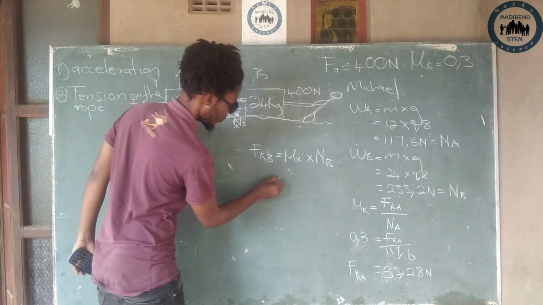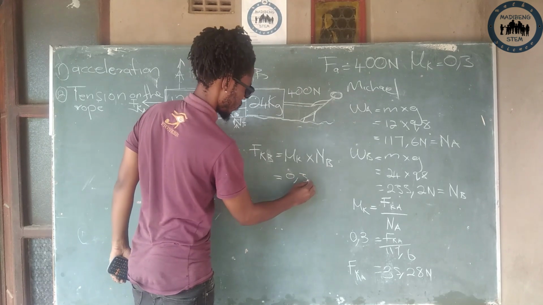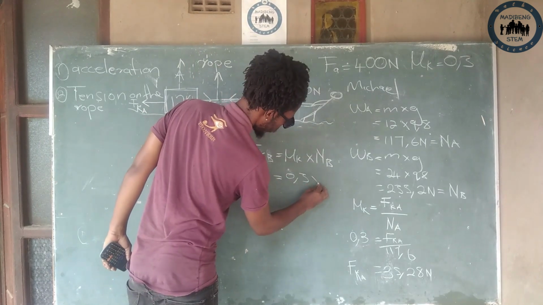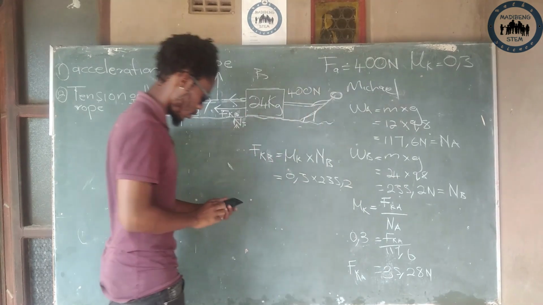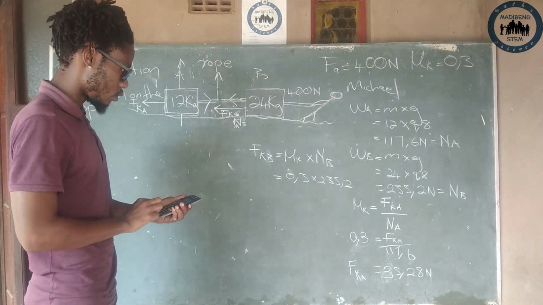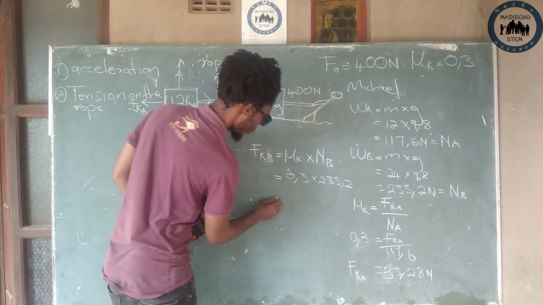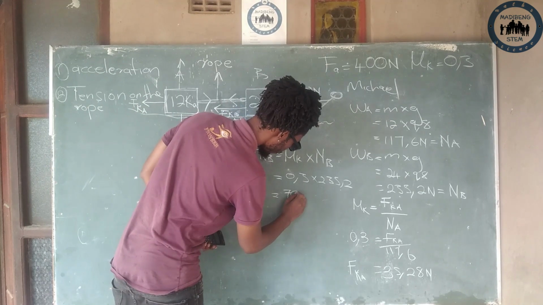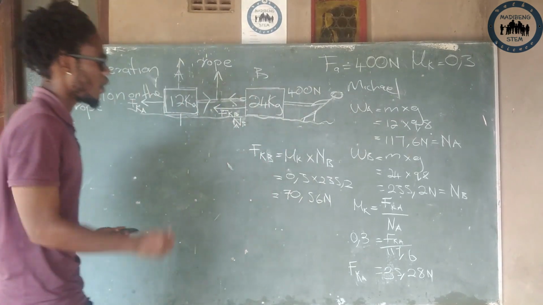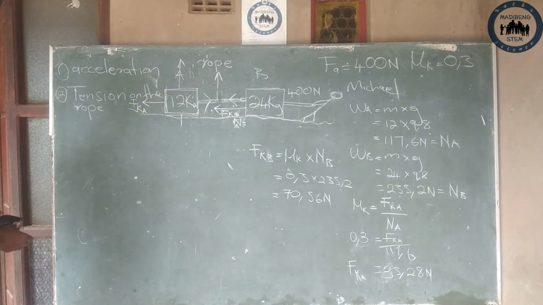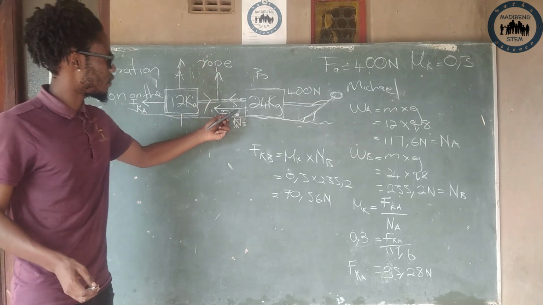It's for B, not A. So 0.3 times the normal force, 235.2, is 70.56 newtons. We have our Fk. So now we have Fk for this object and Fk for this object.